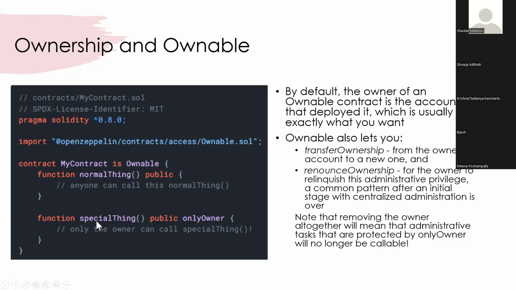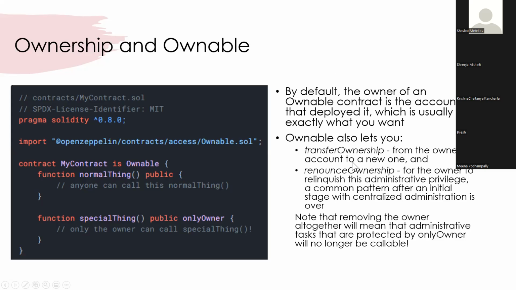This is a special thing that only the owner can do, and only the owner of this contract can call this function, essentially execute the function. And as you can see, there's a difference between the signatures of these functions. One has onlyOwner in front of it, and this one is just public. So anyone can call this one, while only the owner of this contract can call that one. So this essentially explains it.